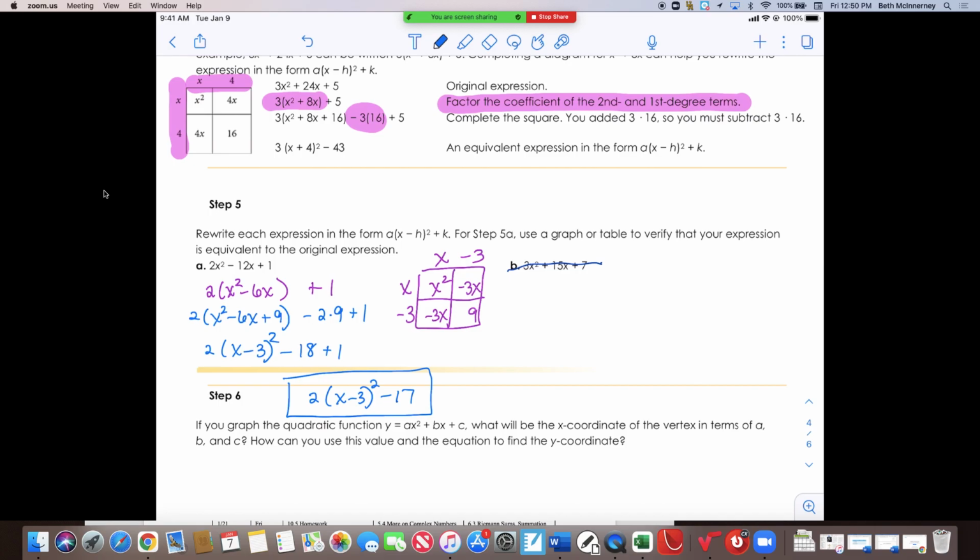So if I add 18, I have to subtract the 18 to make it equal to this line here. Does that make sense?